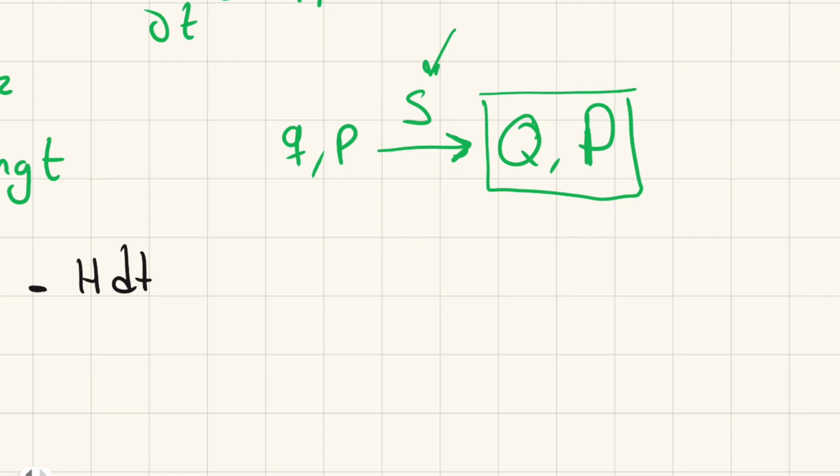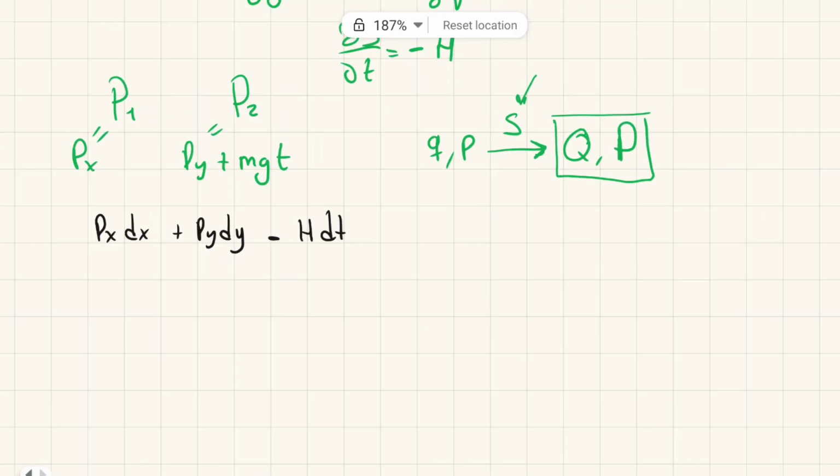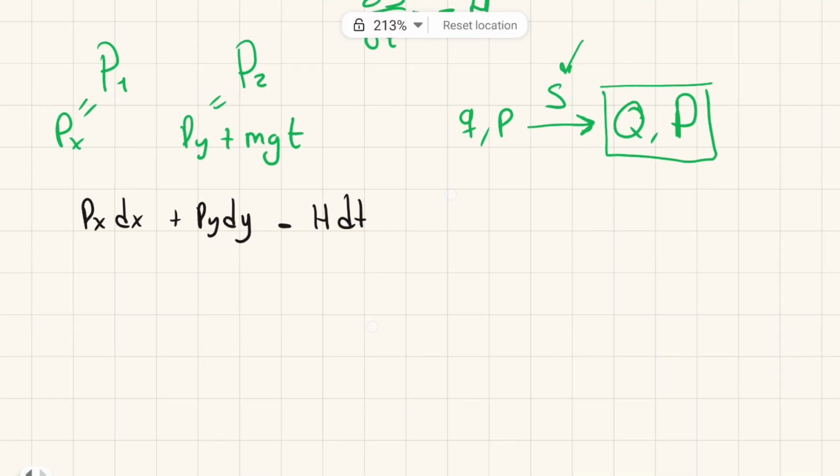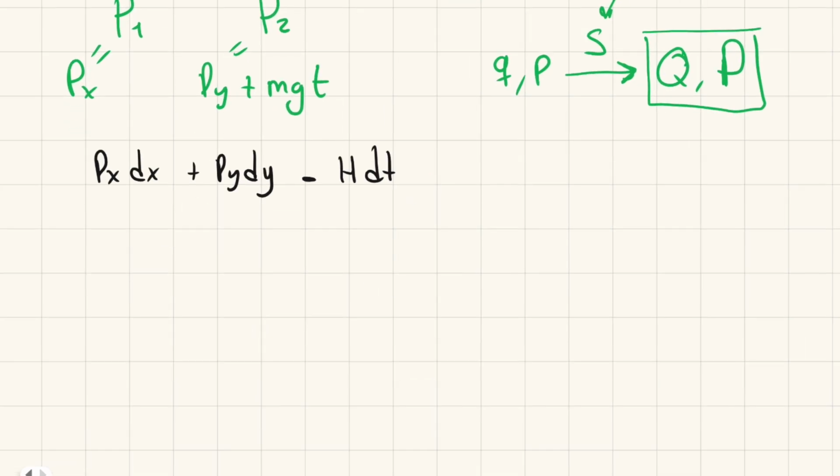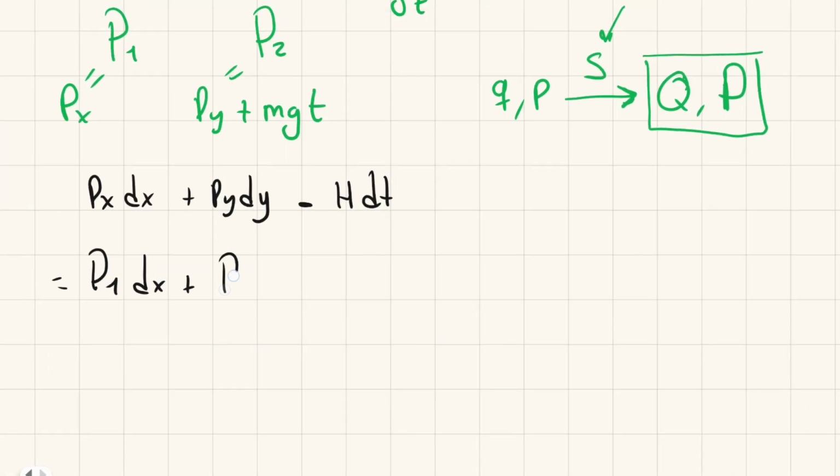Well, these are some concepts that we have been remarking in recent lessons. Okay, so we are going to rewrite this expression as p1 dx plus py dy, but py will be p2 minus mgt, dy minus the Hamiltonian.